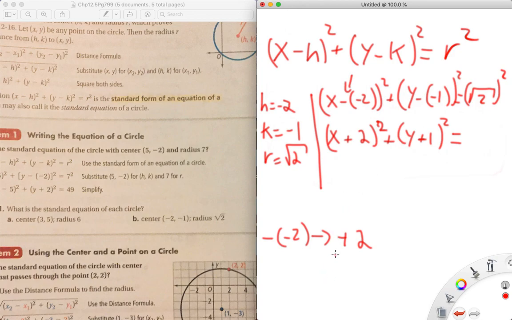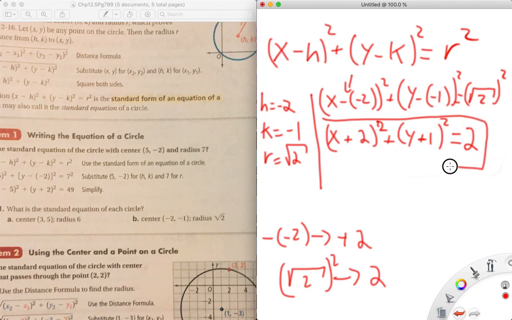And remember also that the square root that's being squared, these cancel each other out. The radical symbol and the square cancel each other out, and you're just left with whatever is in the middle. So the square root of 2 squared gives me 2. And that would be the equation of this circle. (x + 2) squared plus (y + 1) squared is equal to 2.